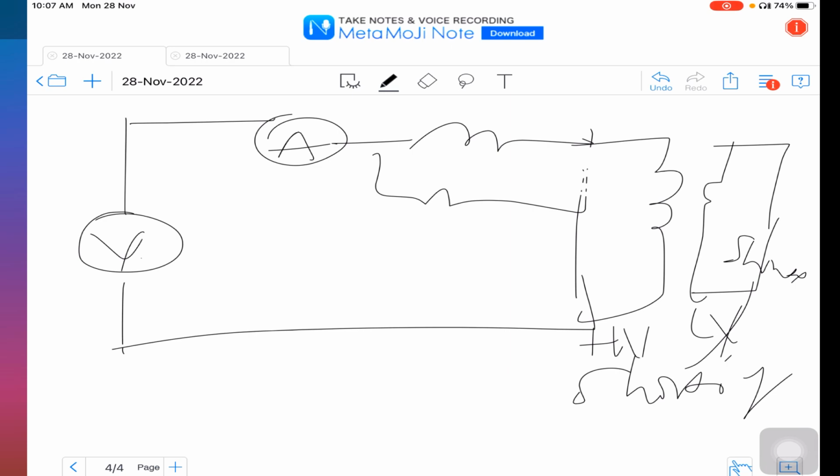Now what is the reason for shorting the LV side? By short circuiting the LV side and taking measurements on the HV side, there are various reasons. We will list them one by one. First, the rated current on the HV side is lower than that on the LV side, so this current can be safely measured.